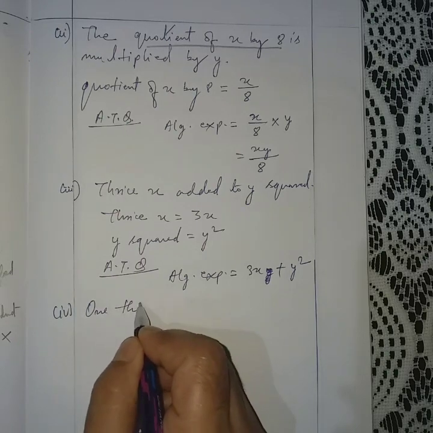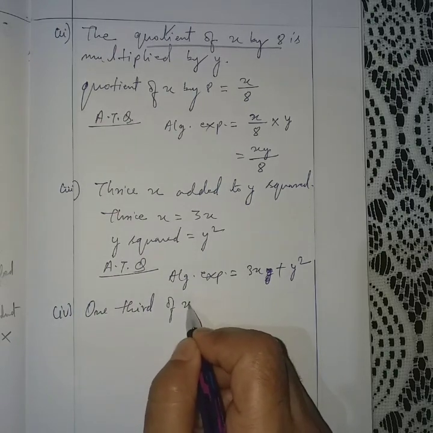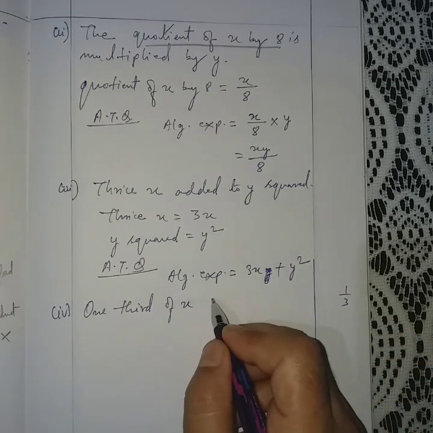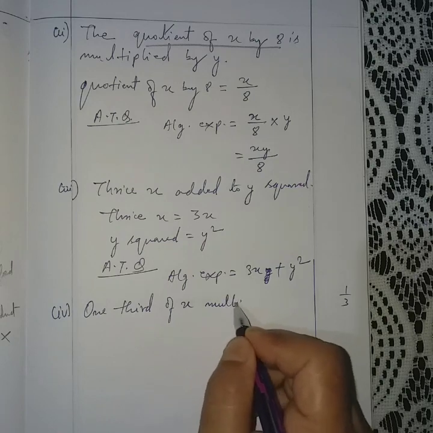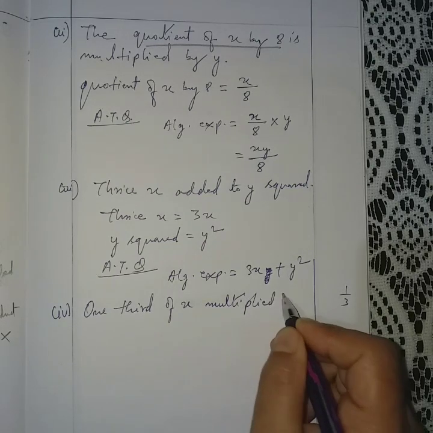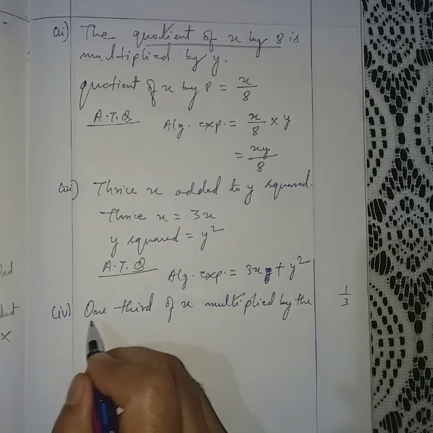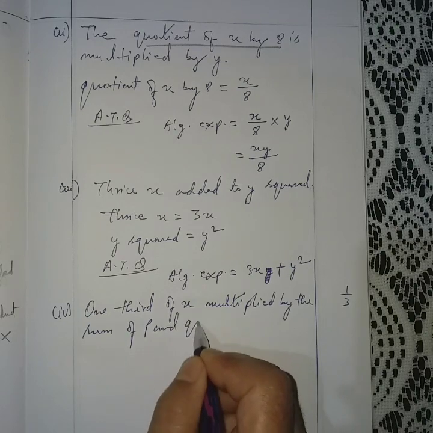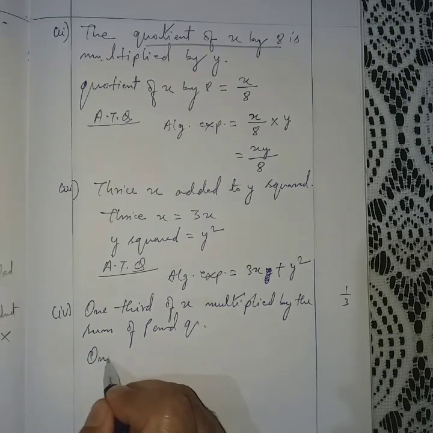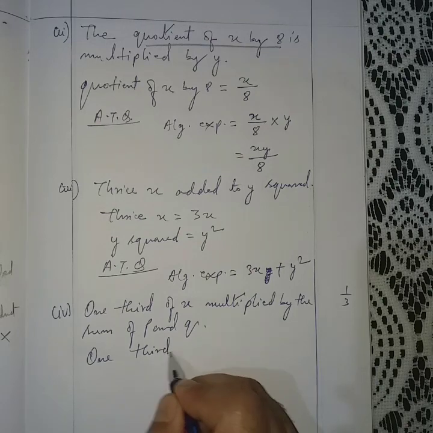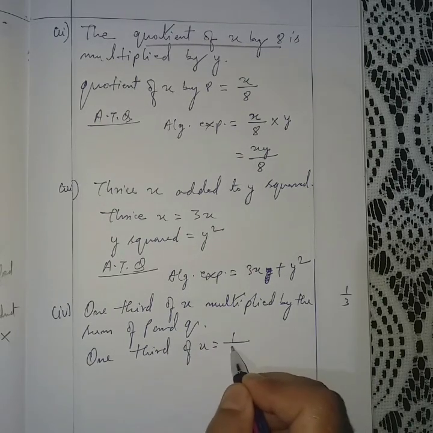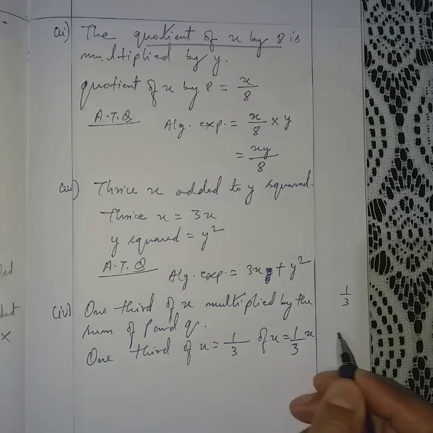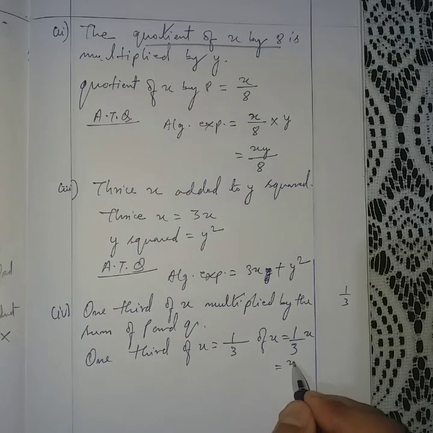Okay, number 4. 1/3. You have to read properly. 1/3 of x. 1/3 of x means 1 by 3, 1/3 of x, multiplied by the sum of p and q. So 1/3 of x will be equal to 1 by 3x, or you can write x by 3.